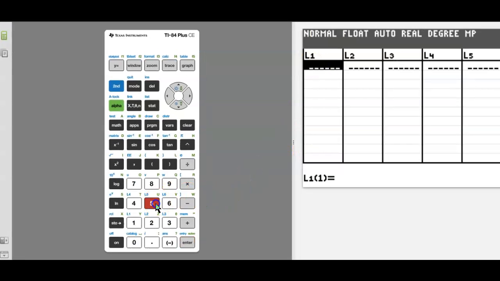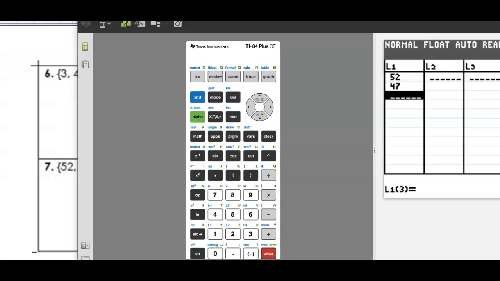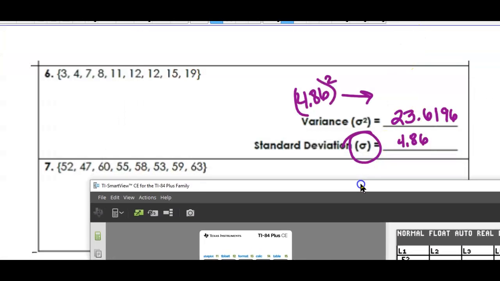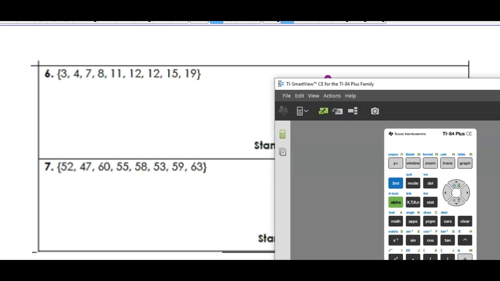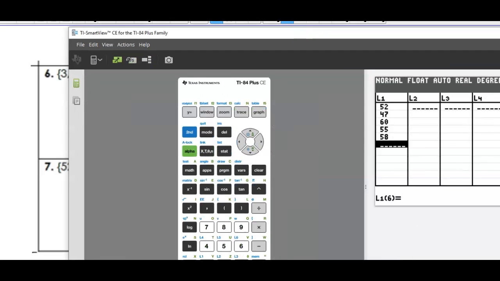Then you type the data points in, 52, I think there was a 47 next, 60, 55, 58, 53, 59, and 63. I think I remembered them right.